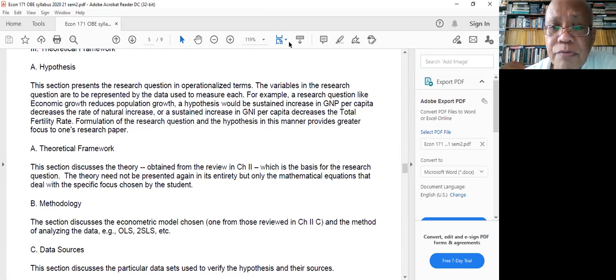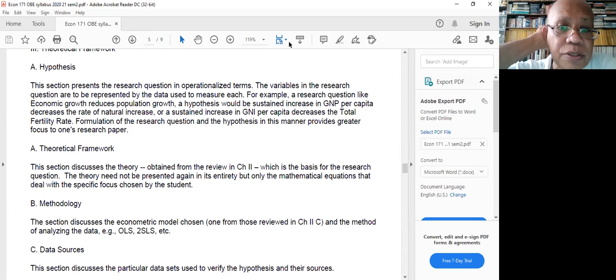For example, if your research question was, say, economic growth reduces population growth, and this is based upon the theory proposed by Amartya Sen and by Lourdes Beneria.